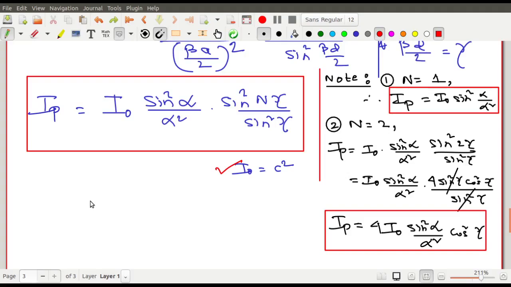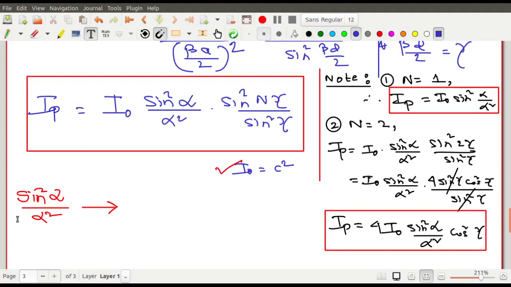What you already know: the significance of the term sin square alpha by alpha square. Do you know where this term comes from?